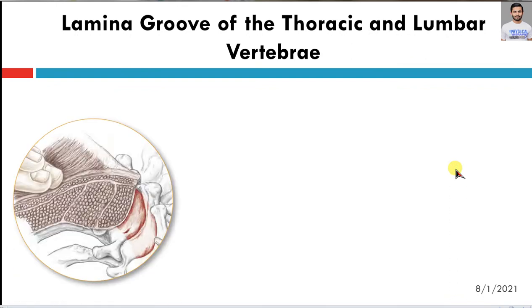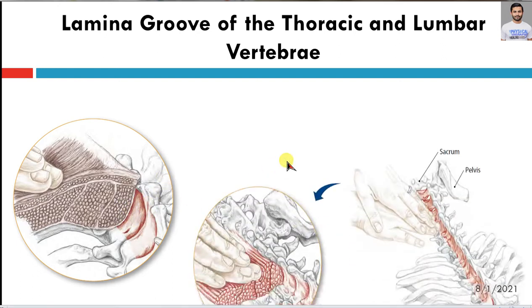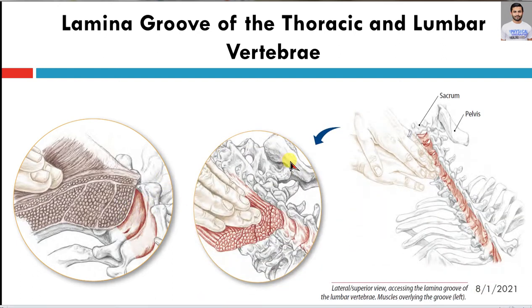Over here you can see some soft tissues filling the lamina. So this whole area is filled with muscle tissue. There are different muscles that we are going to name.